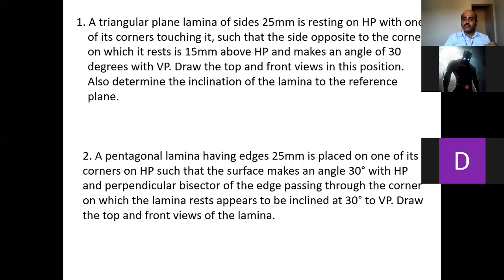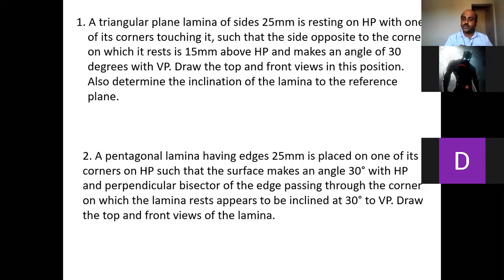In the previous problems, the inclination of the surface of the lamina with respect to HP was given in terms of an angle. But in this problem, what they have given is the edge opposite to the corner on which it rests, which is 15 millimeters above HP, means you have to tilt the lamina in such a way that the corner is on HP and the side opposite to that corner is 15 millimeters above HP.